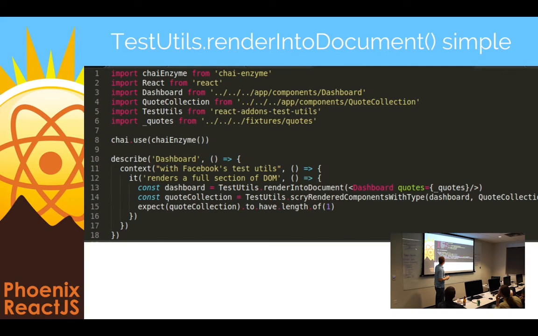So you can declare variables within these blocks, and that scopes it to that set of tests, okay? But it's supposed to be readable for humans. Here, I'm going to describe this test. Here's a context. My context here is with Facebook's test utils. Another context might be with Enzyme. And you can see you've got this context, context, and context. I'm waiting for somebody to be like, you're wrong, no, it's like this.